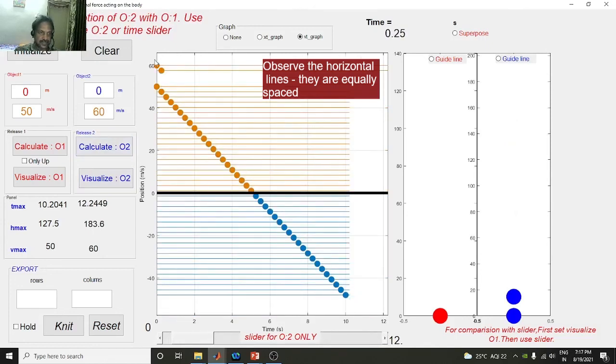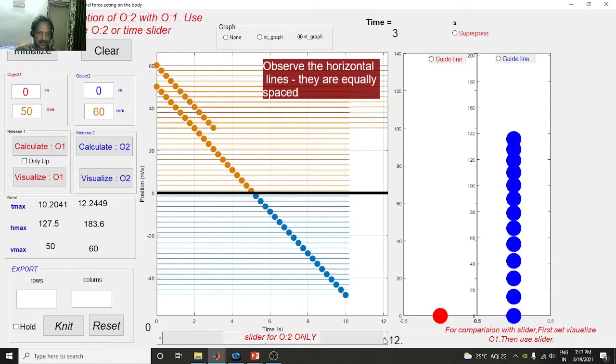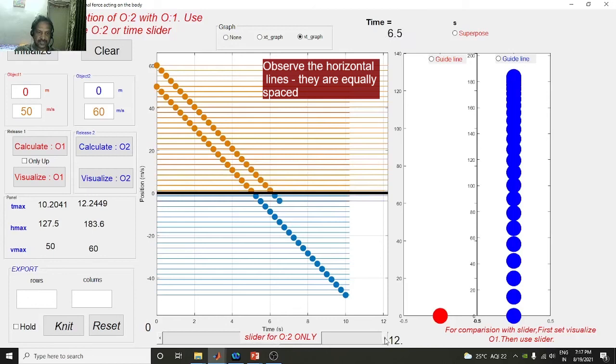Initially at t equal to 0, it is 60. As you can see, the change in velocity is the same for an equal interval of time of 0.25 seconds because the acceleration is constant. Now here it has crossed over, the velocity has become negative from being positive.